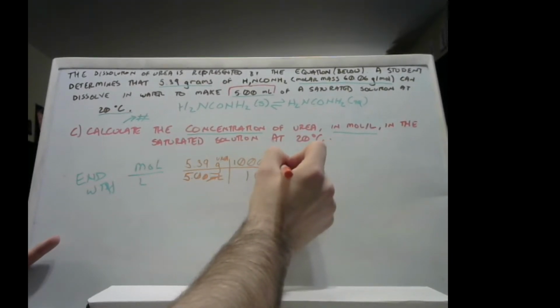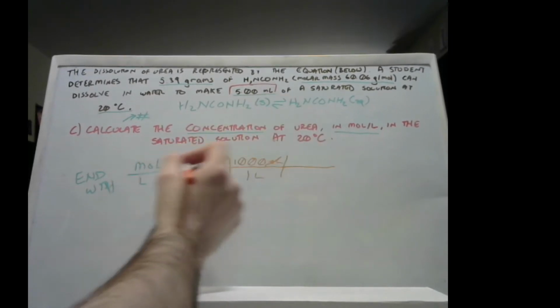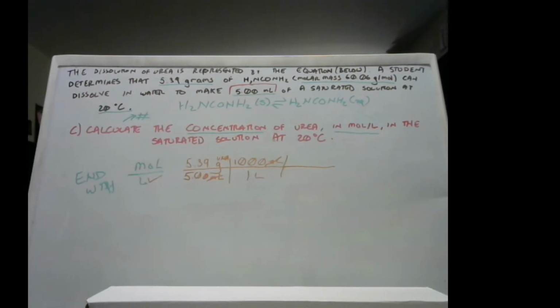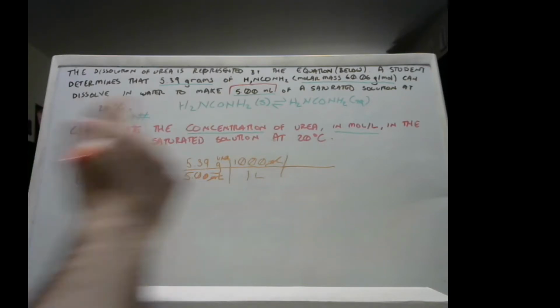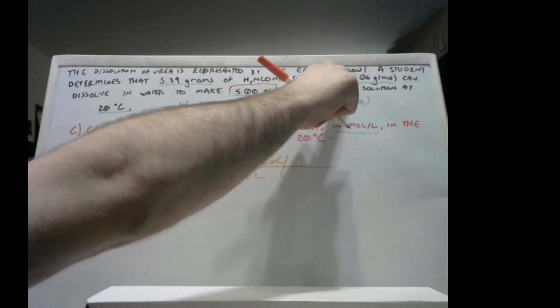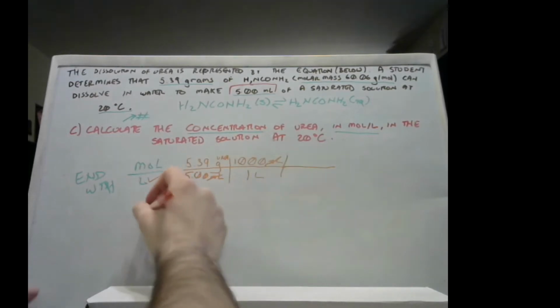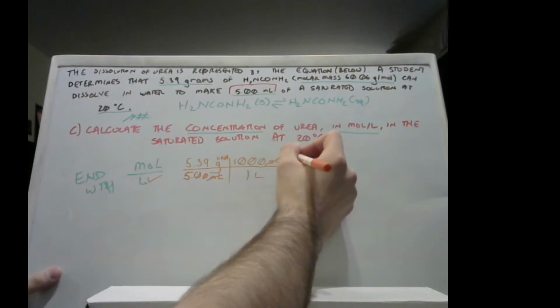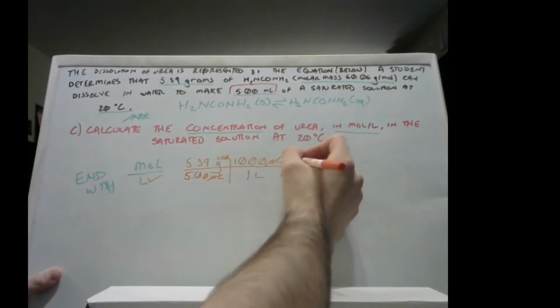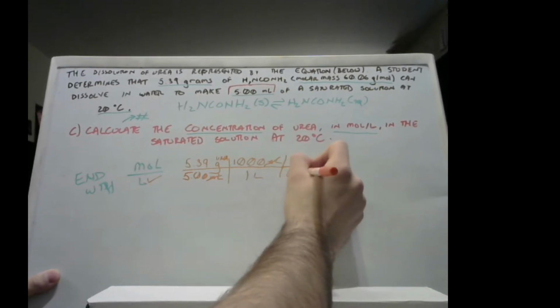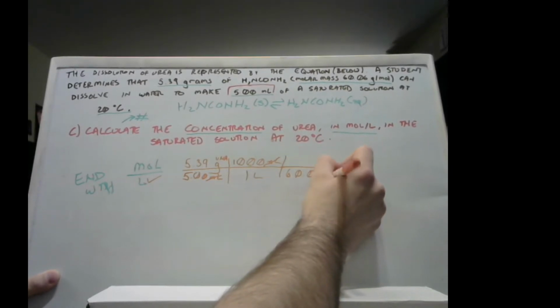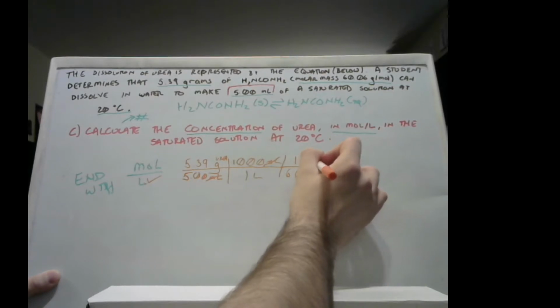Milliliters cancel out. I'm left with liters. Okay, I got one of my 2 goals. Second, 5.39 grams. Well, it tells me here that 60.06 grams is 1 mole. So instead of saying 60.06 grams up here, which would give me double grams, I'm going to do 60.06 grams is 1 mole.